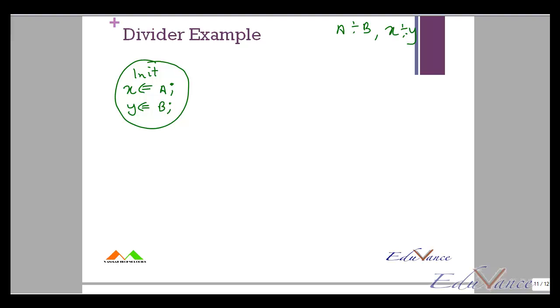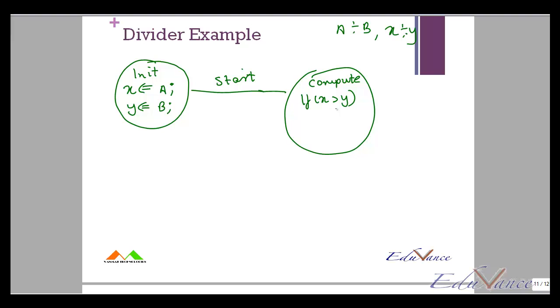Okay, then I press the start button and then I compute or calculate if x is greater than y, greater than equal to y rather, because even if they are equal, it's fine, x would get x minus y. My quotient would be quotient plus 1.